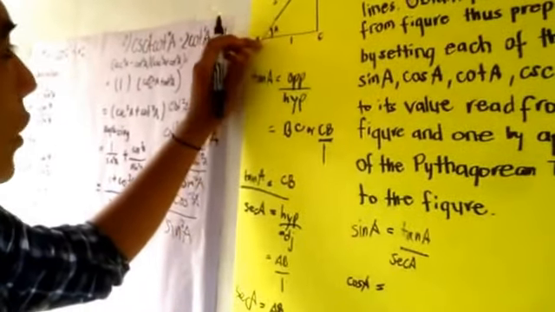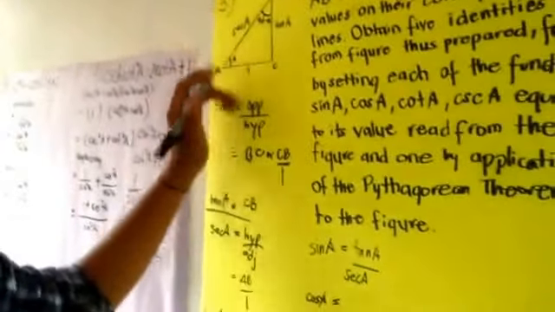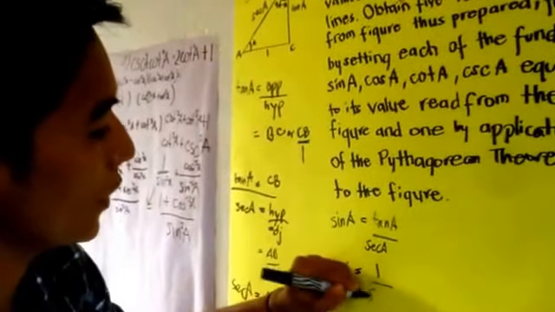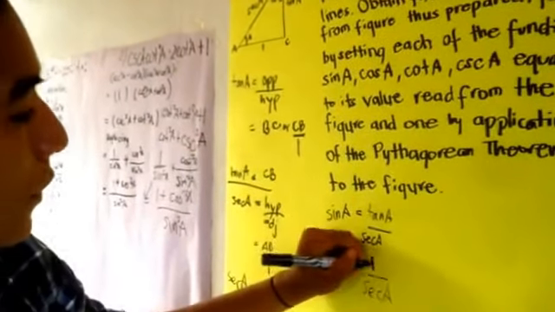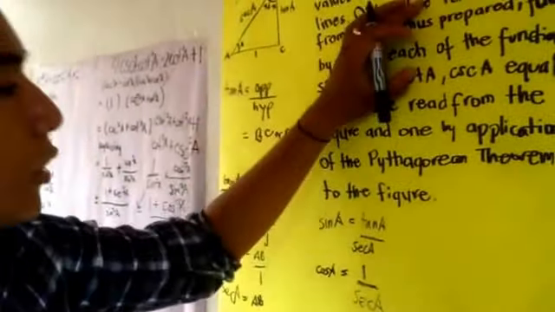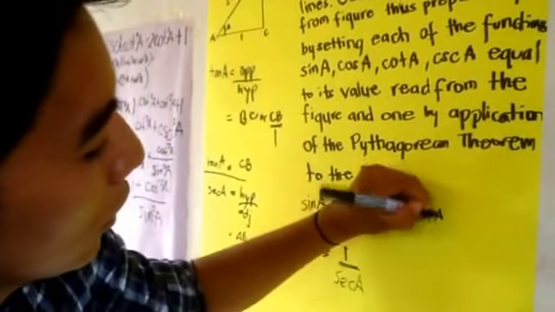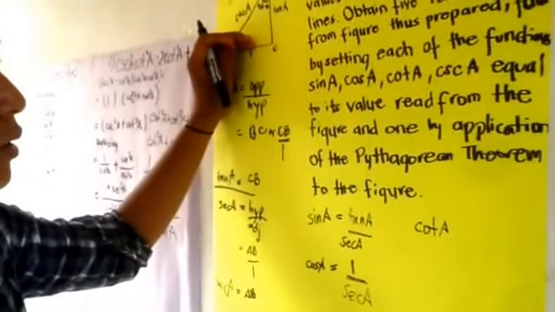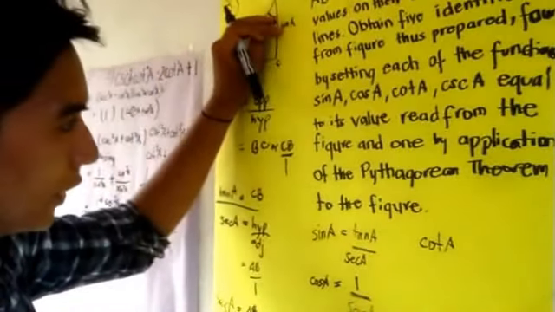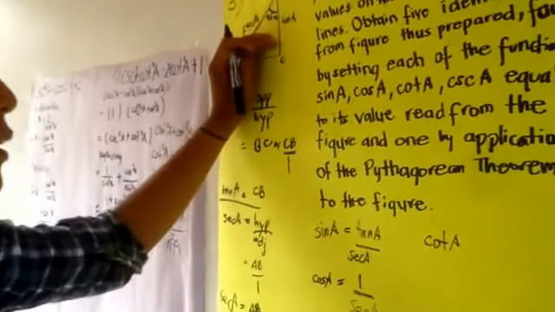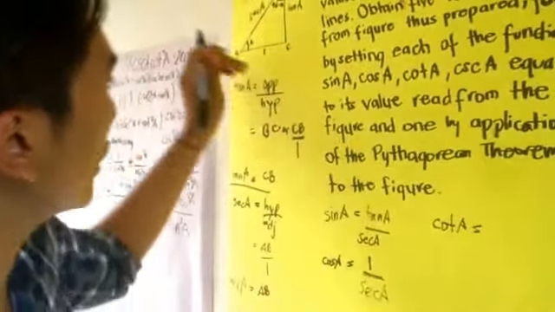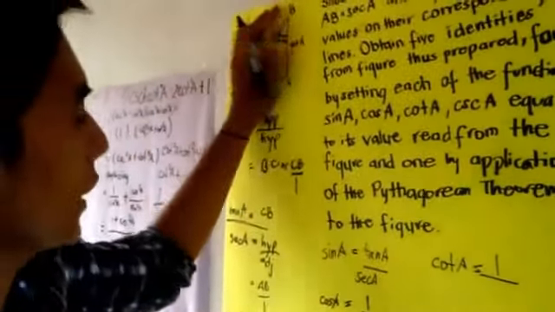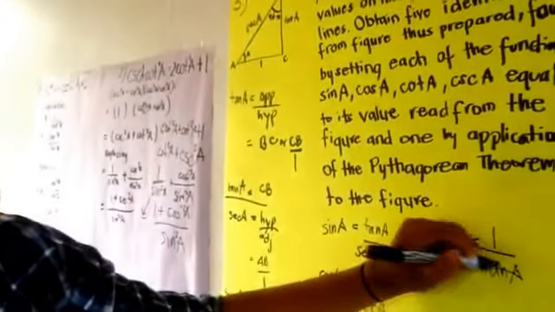The adjacent side of cos A is 1, and the hypotenuse is sec A. And then we solve for cotangent A. Cot A is equal to adjacent side all over opposite side. So the adjacent side is 1 and the opposite side is tan A.